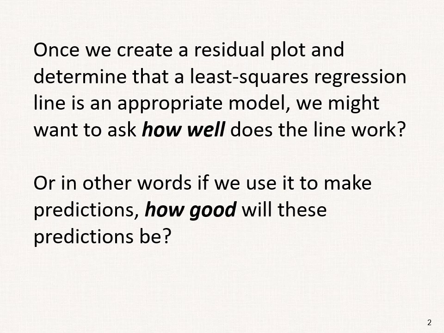If we have a random scattering in the residual plot, then that means that a least squares regression line is an appropriate model for our data. So our data is not curved. It falls into a pattern that a line will fit, right?